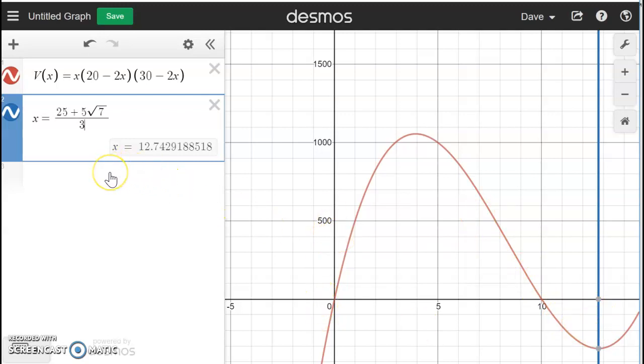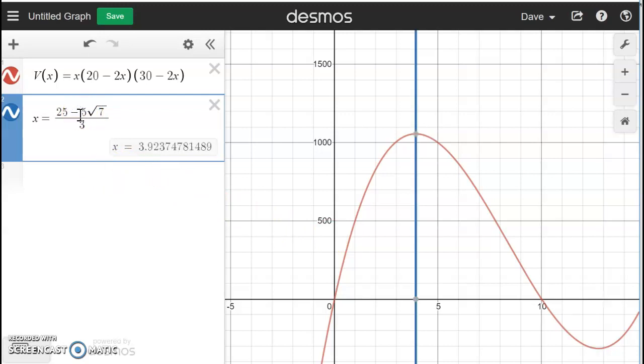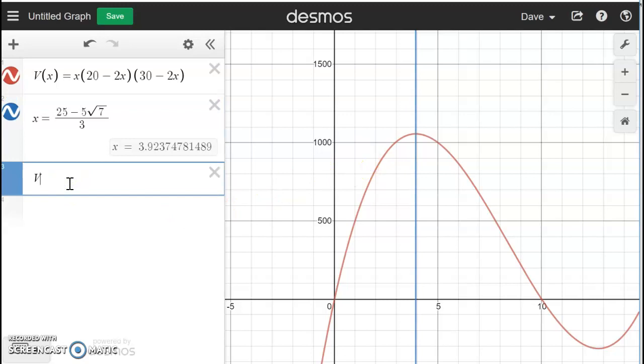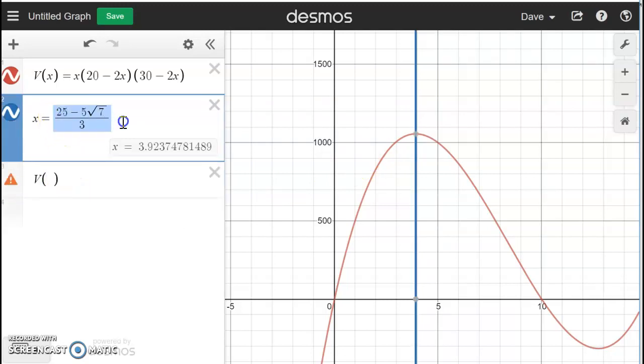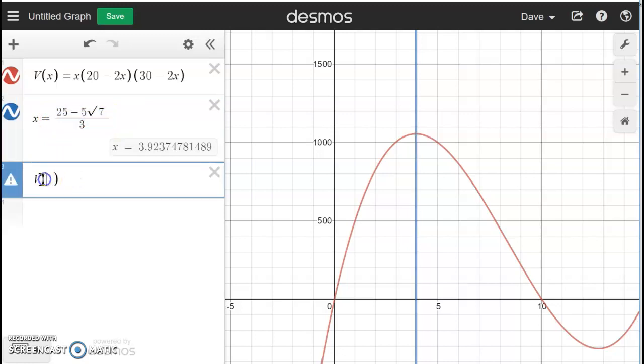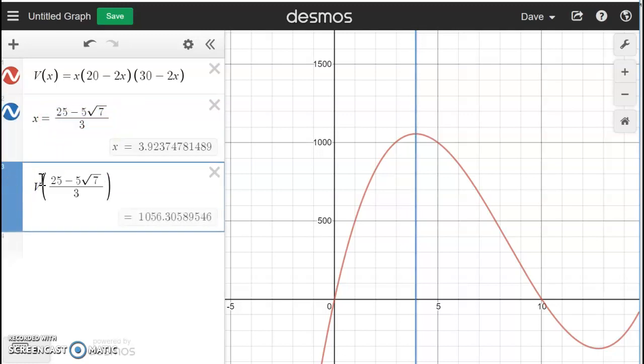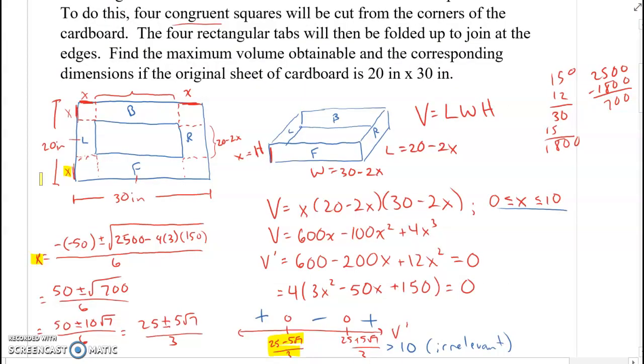On the other hand, if we look at the negative version of that, notice that that x value is going to give us 3.9, which is between 0 and 10, and it sure does look like it's hitting that maximum point right there. So in fact, we can just figure out what V of that value is. We'll copy and paste, and we'll get a volume of about 1056.